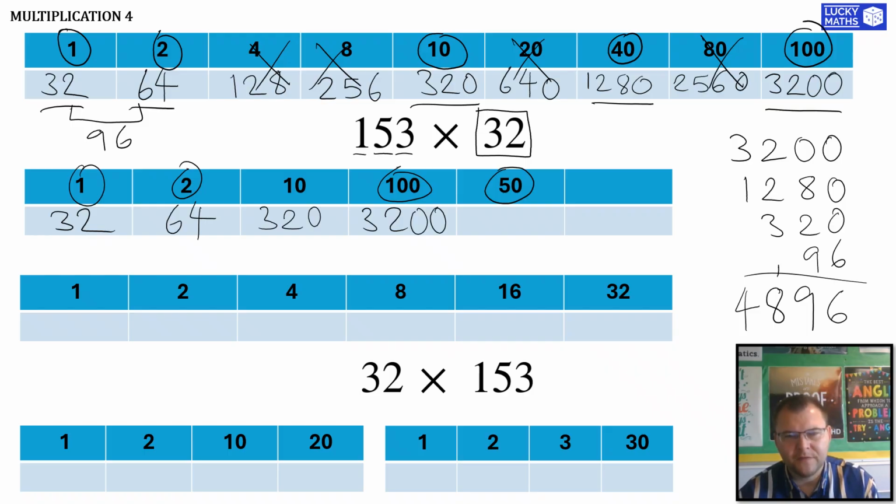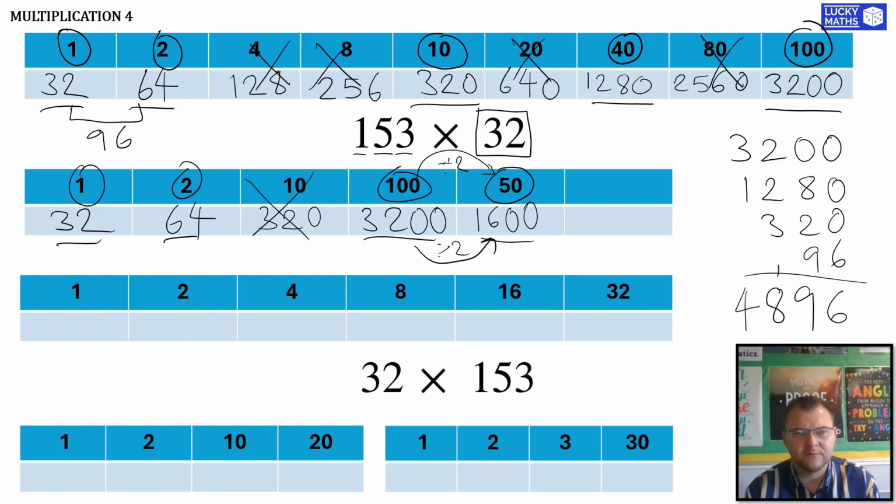But then if I half that, I can get 50 lots, which is 1,600. And then I've got one fewer value to add, and less information to have to put into the table. I guess the less information, the less chance of making mistakes. Okay, but we'll show it the other way around.